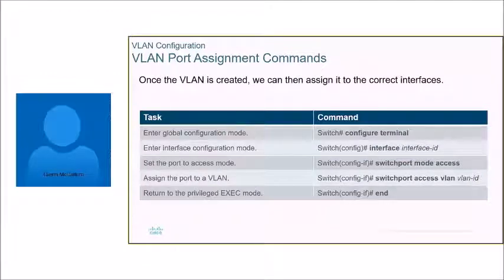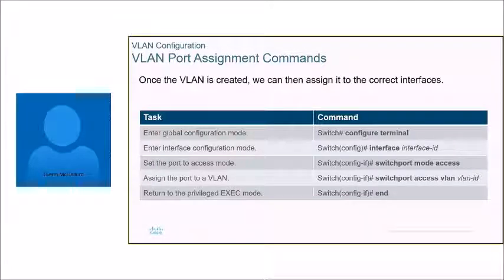Once a VLAN is created, we can then assign that VLAN to switch ports. Again, you need to be in global config mode. You then select the switch port that you're thinking of. If this particular host is plugged into port 10, you do interface FastEthernet 0/10.